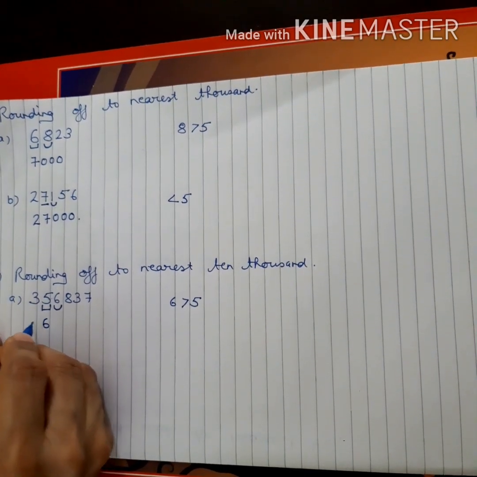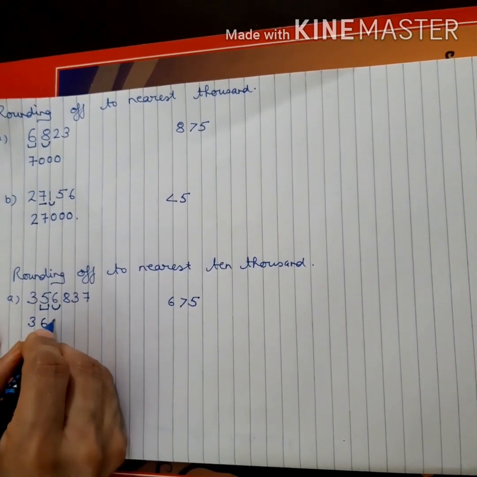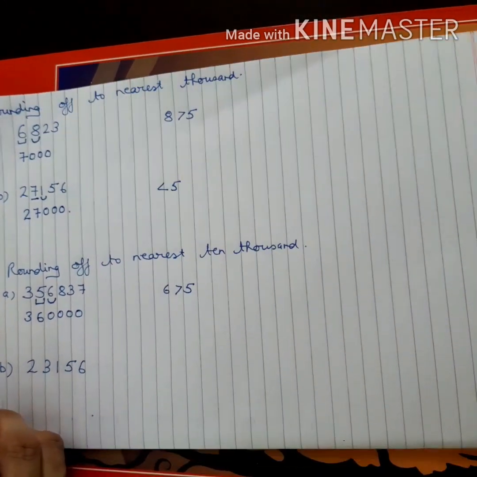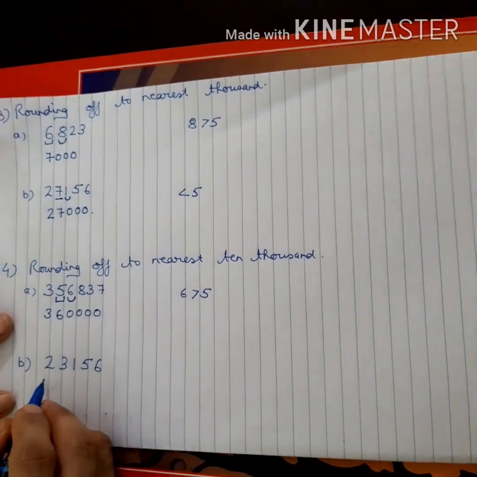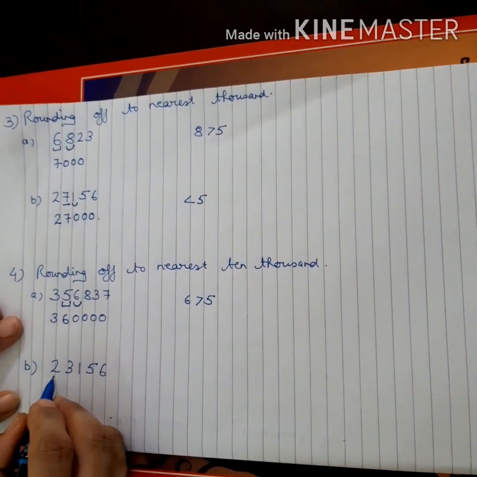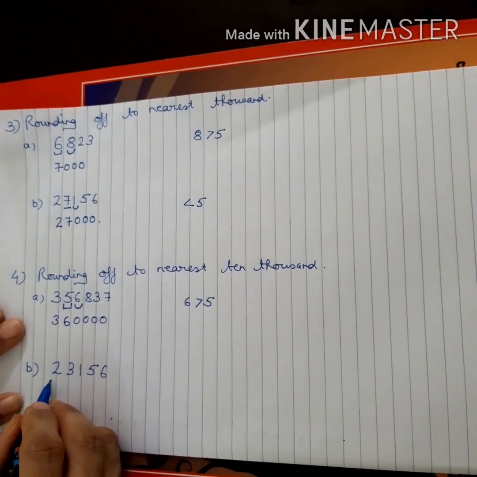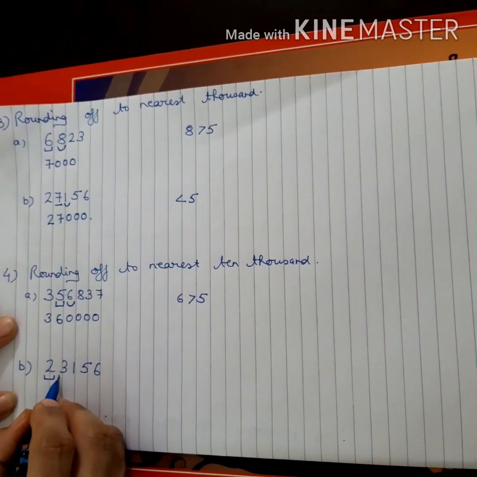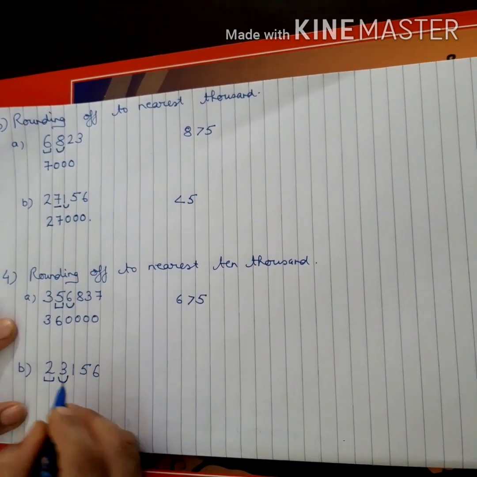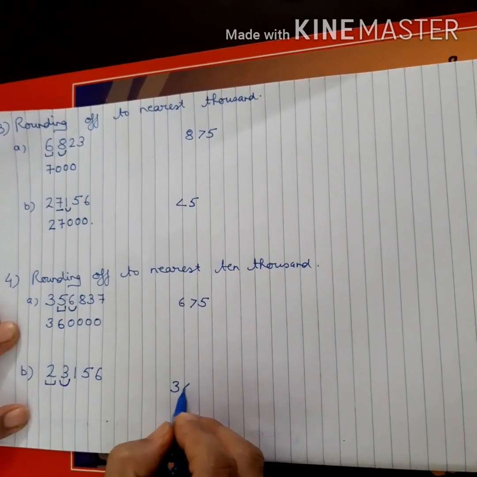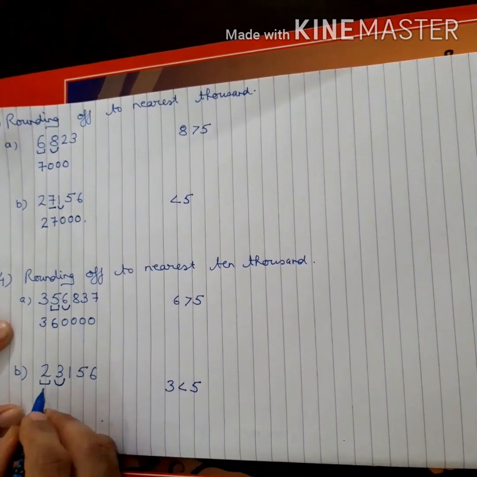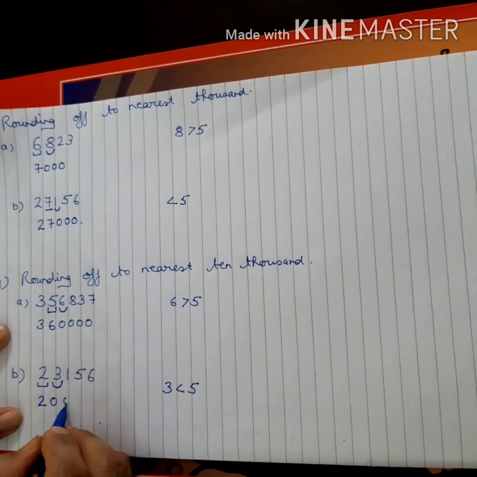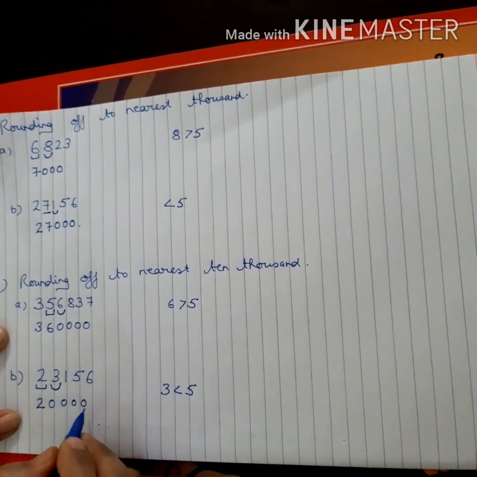It will become 6 and all the digits after this will become 0. Let's take another example. In this also we will underline the digit at 10,000 place and this digit is 2. So we will check the digit 3. This 3 is less than 5. So this 2 will remain same and all the digits after this will become 0.